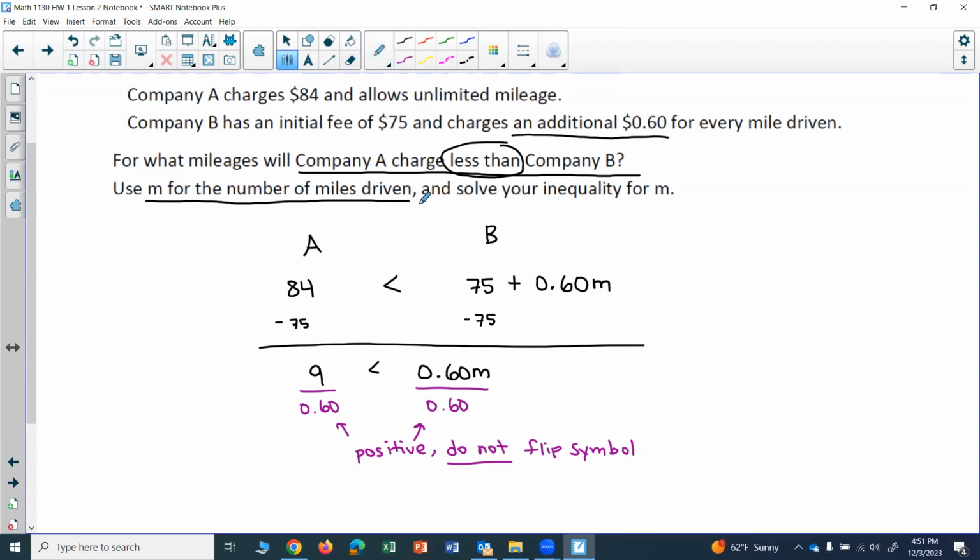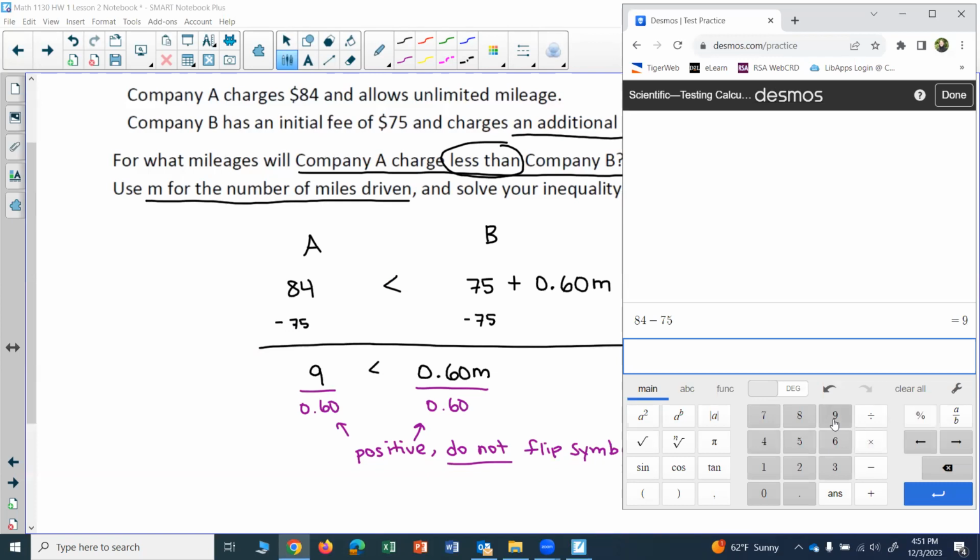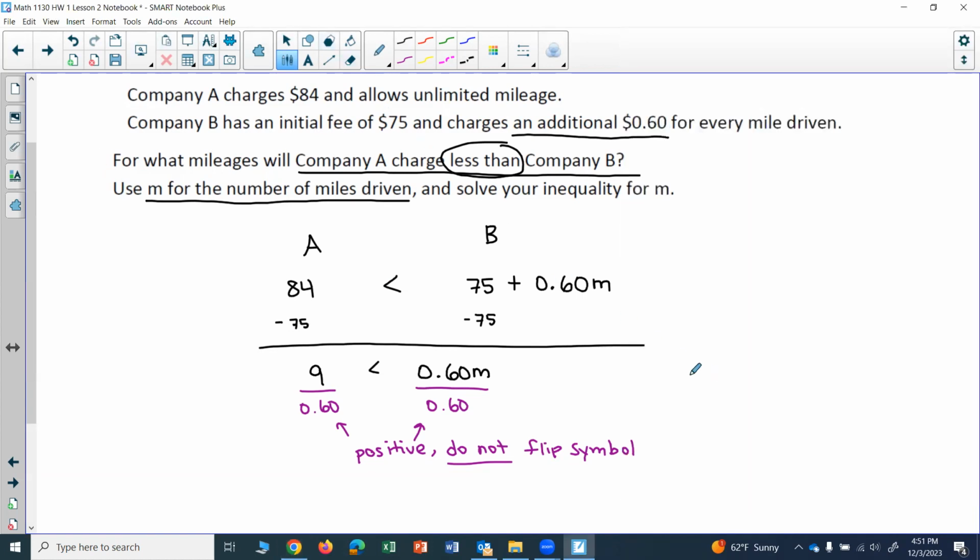Okay, so now I just have to do 9 divided by 0.6, or 0.60, same thing. So 15. So I'll get M. Let's see, I'll have 15 is less than M.